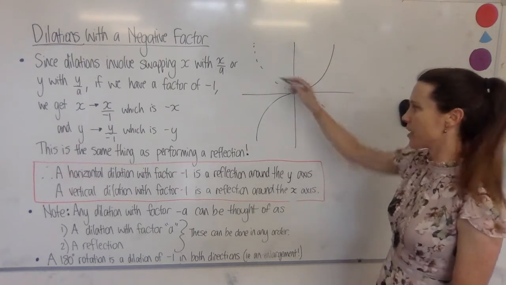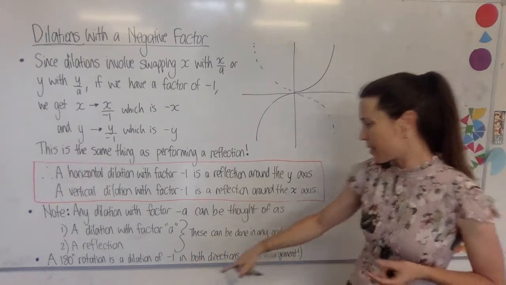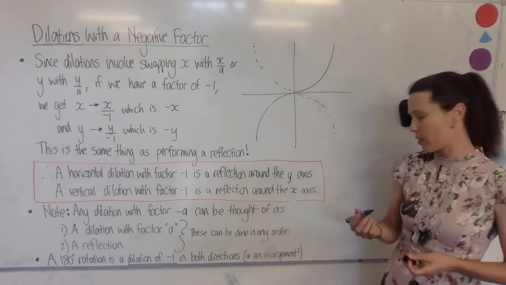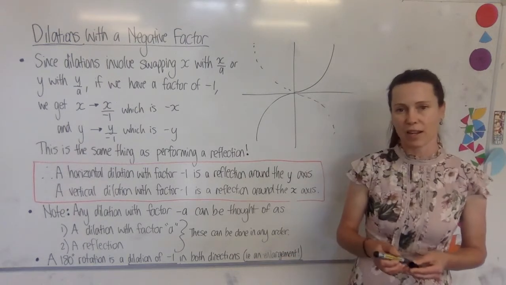So it's actually a combination of both reflections. So we can similarly say then that it's actually a dilation of -1 in both directions, and we can call that an enlargement with a factor of -1.